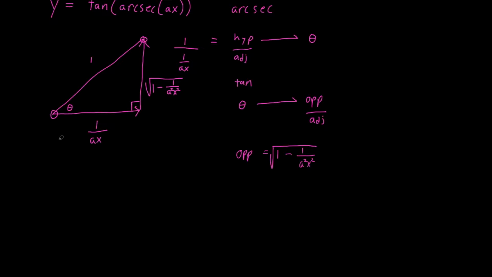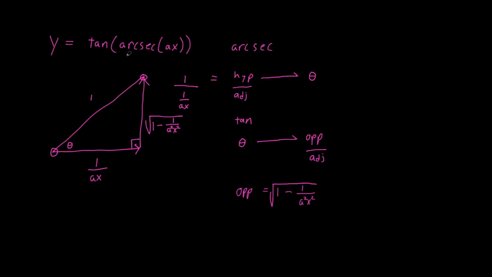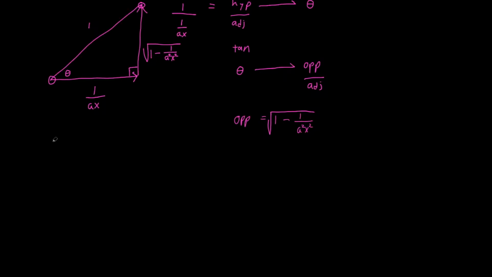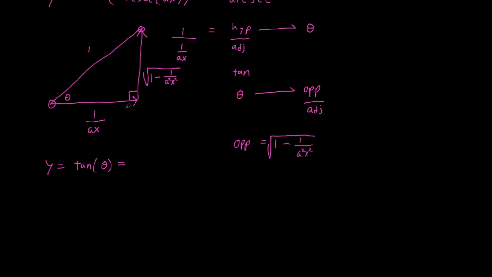So moving on, we have arcsecant of x, which we have defined as theta. So we have y equals tangent of, replace arcsecant of x with theta, and then tangent of theta is equal to opposite side, which is the square root of 1 minus 1 over a squared x squared, over 1 over ax.